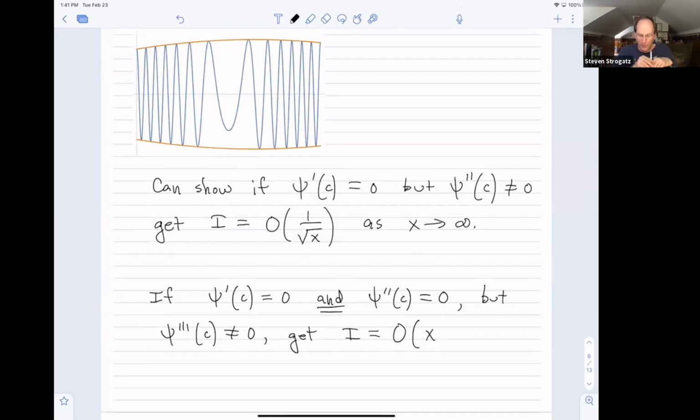For a typical stationary phase, we had 1 over x to the half. Looking at the chat, everyone's guessing the right answer. Yes, x to the minus 1/3. It goes down like 1 over the cube root of x rather than 1 over the square root of x. And so on. That 3 is related to the fact that the third derivative is the first one that's not zero. Okay, so you get the pattern.